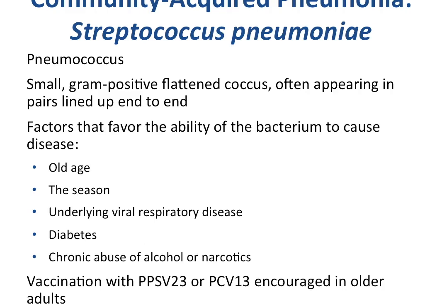Pneumococcus is a small gram-positive lancet-shaped coccus that appears in pairs. This bacteria can cause pneumonia in elderly people, and in patients who have low immunity, such as diabetes, or patients who have viral respiratory infections, or alcohol abuse.